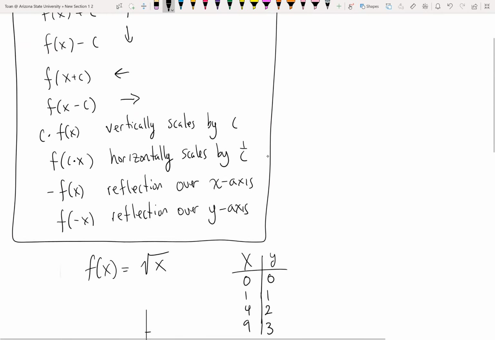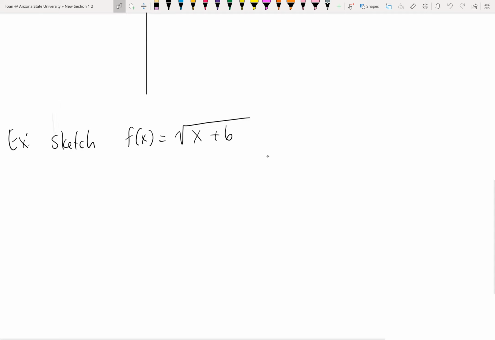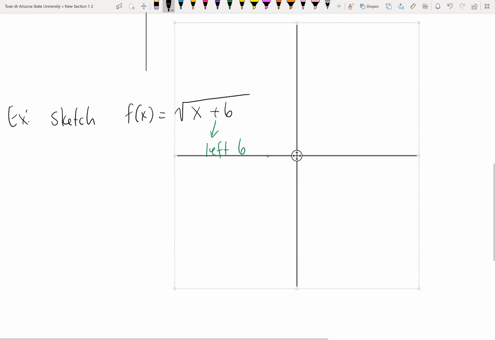So in this instance, we have to be able to read all of these transformations. Well, there's only one transformation, I hope you can see, which is the plus 6. And we should know that this plus 6 moves left 6. That's it. That's all the hard work you need to do. The rest is sketching.